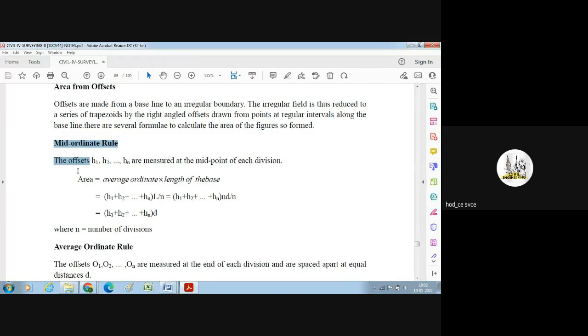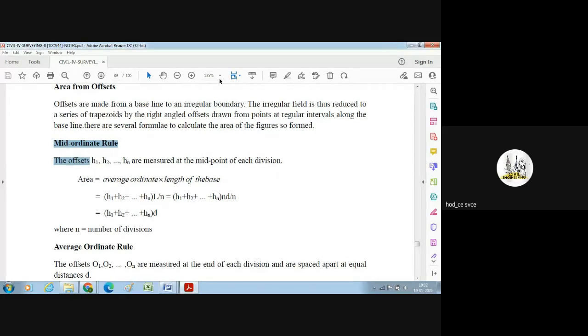See here, the offsets H1, H2, Hn are measured at the midpoint of each division. One of the trapeziums was there, right? At each and every point we have calculated the distance h1, h2, h3, that are the mean height or mean depth of the channel or canal.